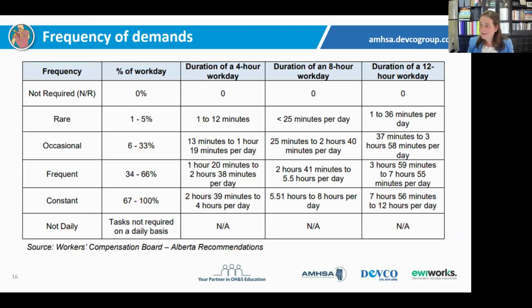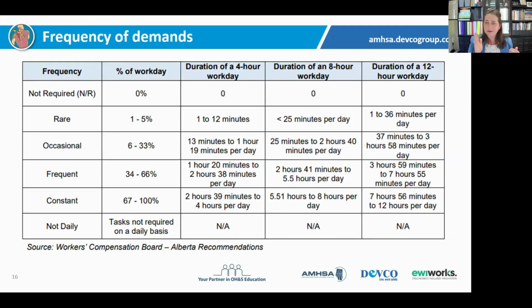Frequency of demands is the next thing I want to talk about. So on job demand assessments, we look at force demands, we look at postural demands, we also look at frequency. So there's usually some kind of rating, and the ratings that we see most often are rare, occasional, frequent, constant.